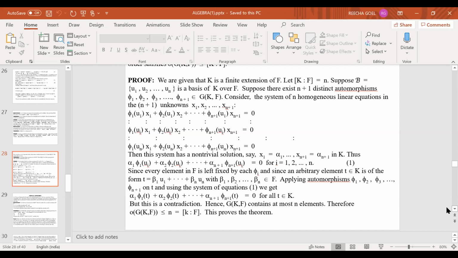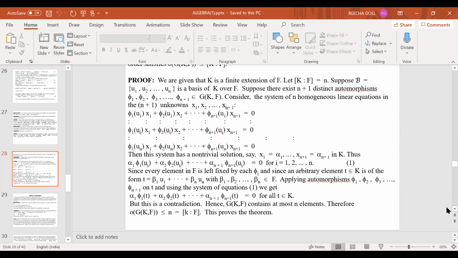That is what we had said, that if phi 1, phi 2, up to phi n are n distinct automorphisms, it is not possible to find scalars alpha 1, alpha 2, up to alpha n such that alpha 1 phi 1 of u plus alpha 2 phi 2 of u and so on equals 0 for all u in K. So this contradicts that lemma, and hence it is not possible for phi 1, phi 2, up to phi n plus 1 to be distinct elements of G(K/F).